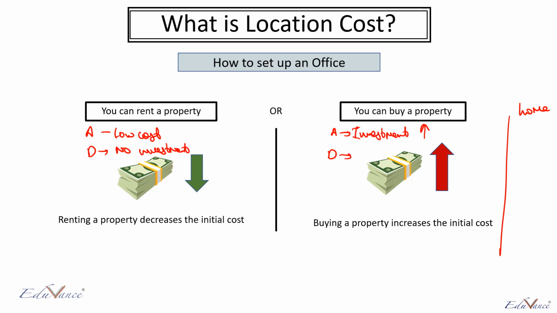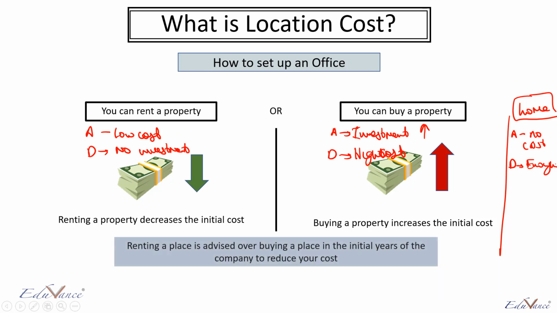The disadvantage is there is a high initial cost, as I mentioned. If you decide to start your company from home, the advantage is no cost. But the disadvantage is you will not have enough space. And that is something which you have to consider. Keeping that in mind, the advisable answer is renting a place versus buying a place. However, if you have the money, you can go buy the place.